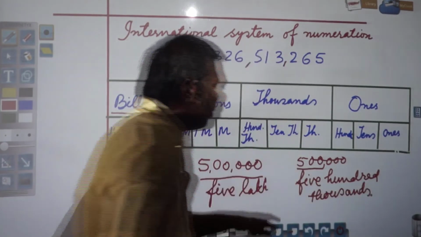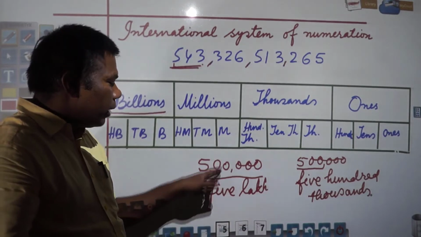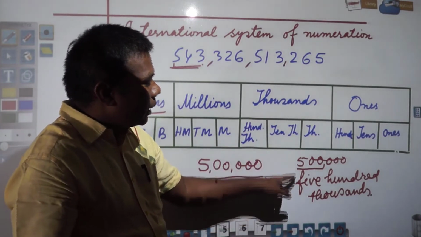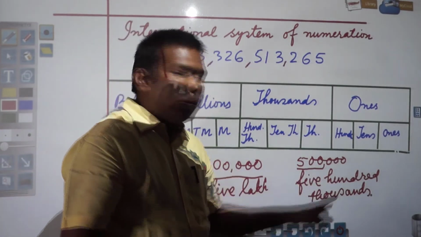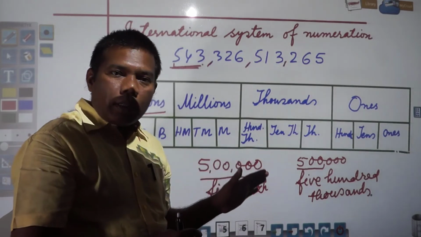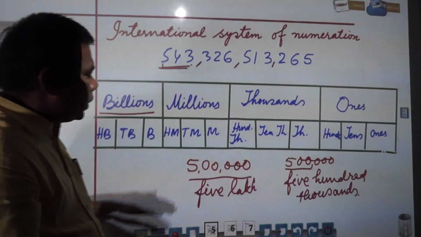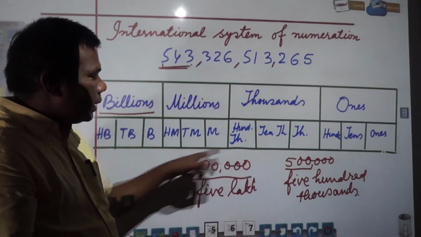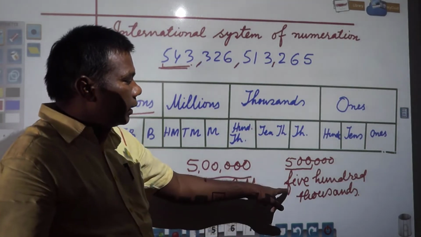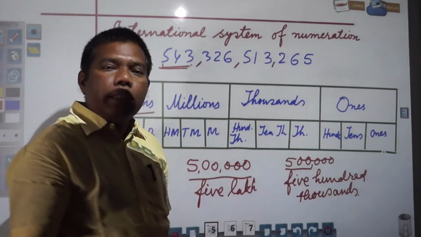The number is the same, but in the national system we read it as 5 lakh, and in the international system it is read as 500 thousands. So in this way, write many numbers yourself and try to compare. The same number is read as 5 lakh in the Indian system, and in the international system it is read as 500,000.